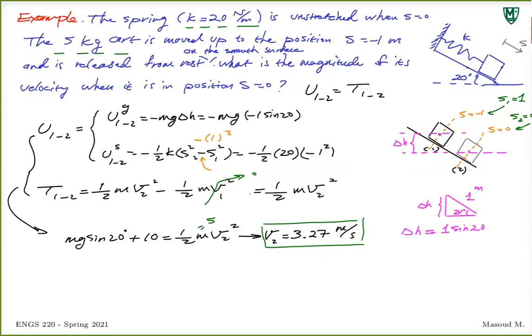I can tell you with confidence that a lot of mistakes in the next exam we're going to have on energy methods are going to be specifically because of these sign problems. So be very patient with this and pay attention to the sign and where you are and if it's negative or positive.